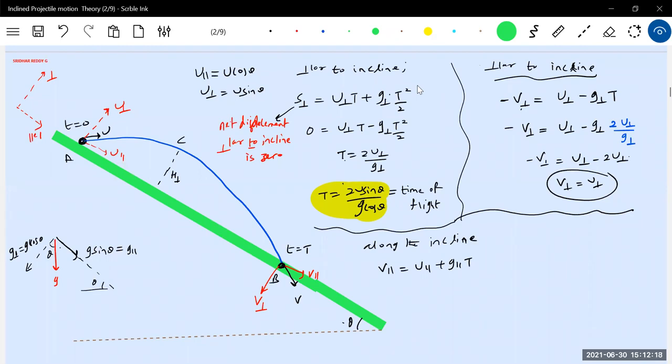Okay, after this, we will go for substituting all these quantities. U parallel is U cos theta. G parallel is G sin theta. T is 2U sin theta by G cos theta.